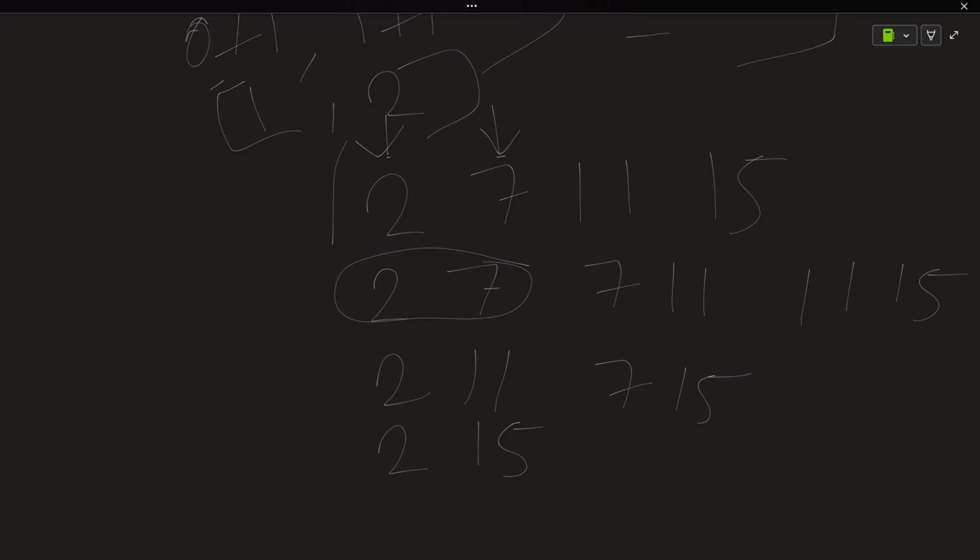So first I will make the pair of 2 and 7, then move the pointer to here and check the sum of 2 and 11, then move it to here and check the sum of 2 and 15. Now I will move the first pointer to 7 and start another loop from 11 to 15. So here I am using two for loops and checking all the possible sums.